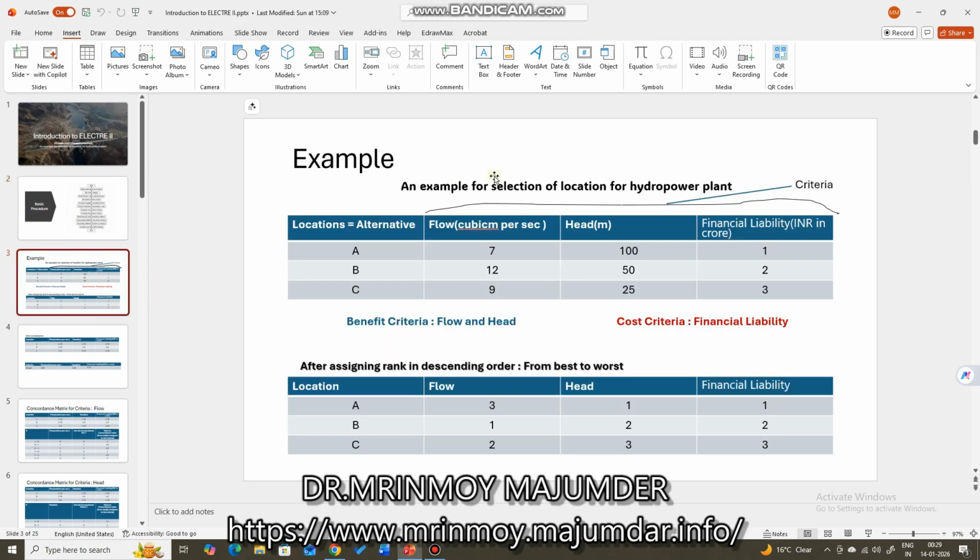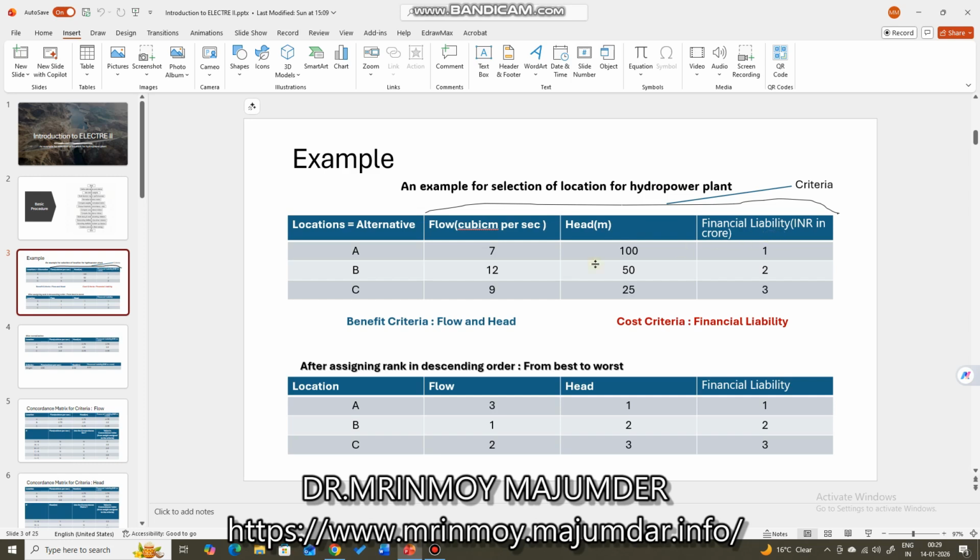The example is that you have to select the ideal location for development of a hydropower plant. So here we have locations A, B, C, which we assume to be the alternatives, and the criteria for selecting the ideal location are flow in cubic meters per second, head in meters, and financial liability in crores.